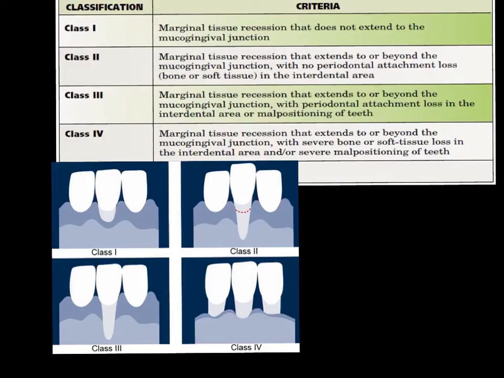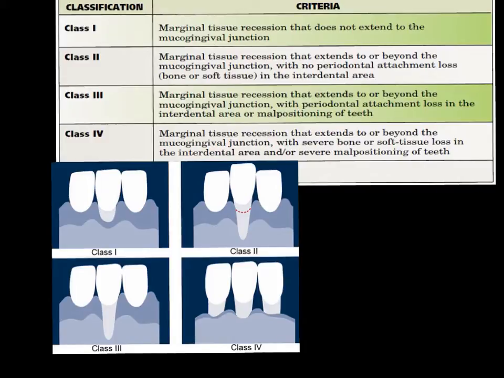Let us jump to the classification of gingival recession. Miller, a periodontal scientist, has classified gingival recession into 4 categories.